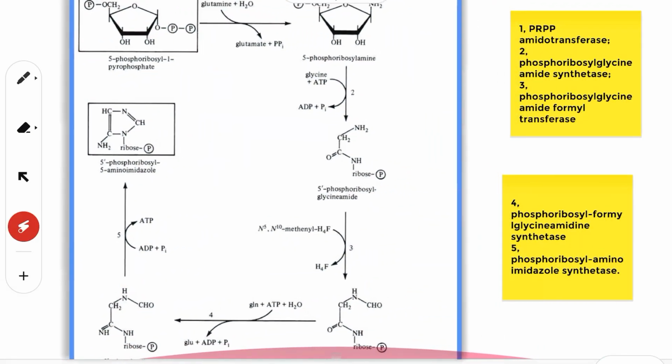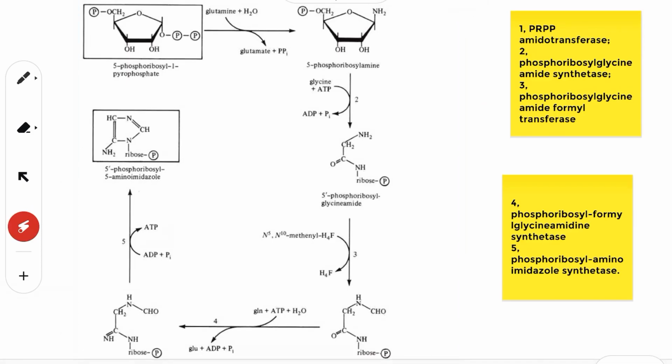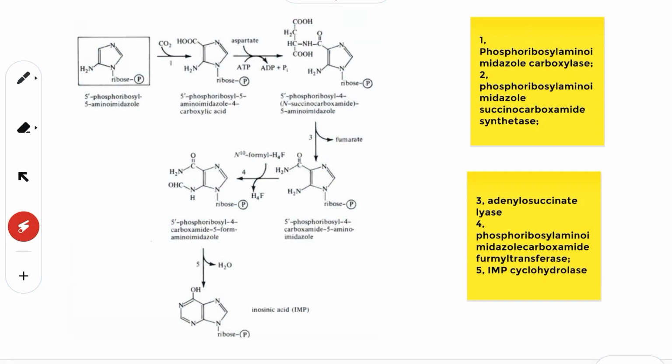Now let us move on to the second step. For the synthesis of the complete ring, there is still a need for 3 atoms, and these 3 atoms are provided by bicarbonate, aspartate and N10 formyl tetrahydrofolate. So now this molecule of 5-phosphoribosyl 5-amino imidazole reacts with bicarbonate, and the product formed is 5-phosphoribosyl 5-amino imidazole 4-carboxylic acid.